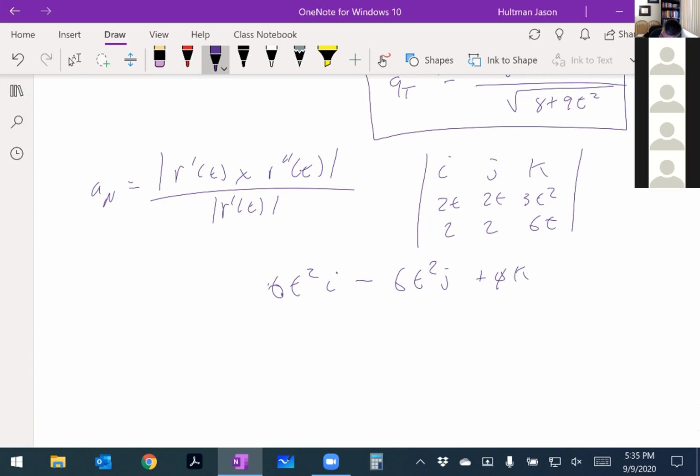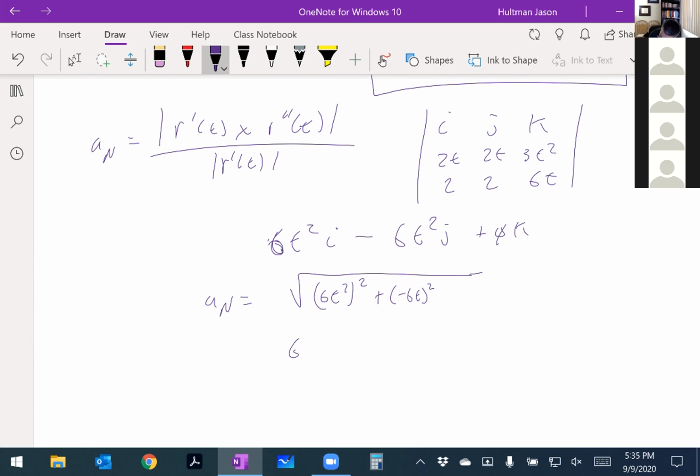Now I want to find the magnitude of this thing. So that's the square root of 6t squared squared plus negative 6t squared squared. Okay, so this is really going to be 6t radical 2. Is that right?